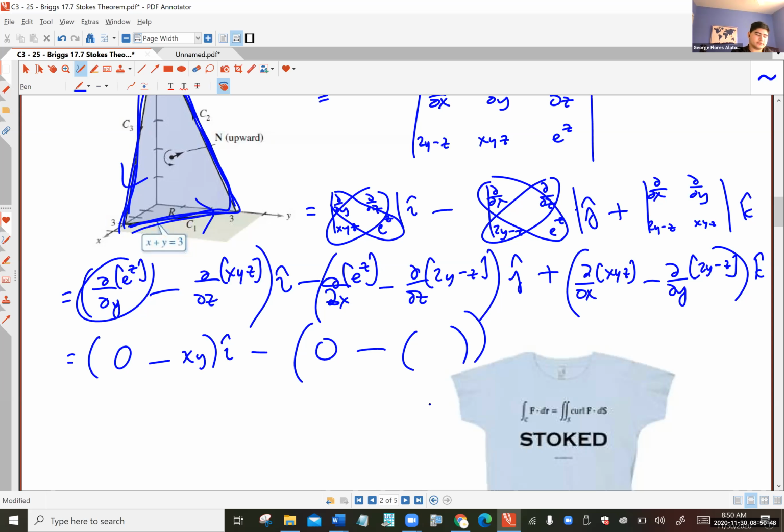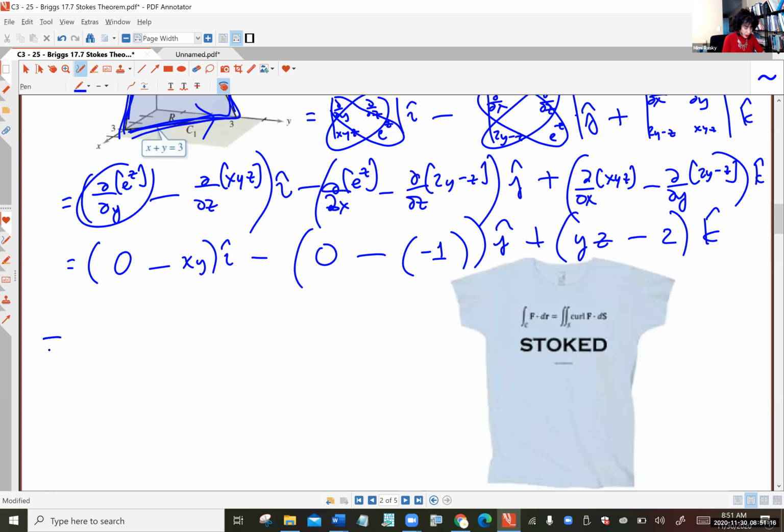And then d/dz of 2y minus z, that's going to be -1. And then you have j hat here. And lastly, take the partial of xyz with respect to x. I get yz, minus the partial with respect to y of 2y minus z. And that is going to be what? Just 2. Okay, and then k hat.